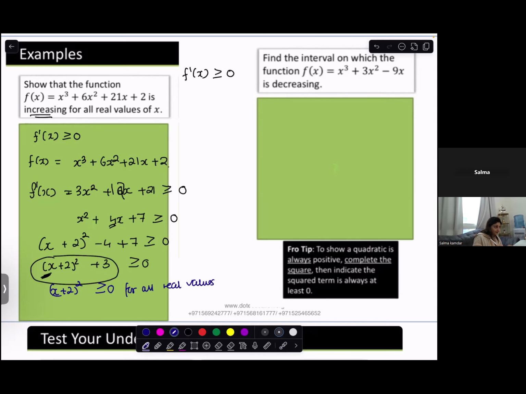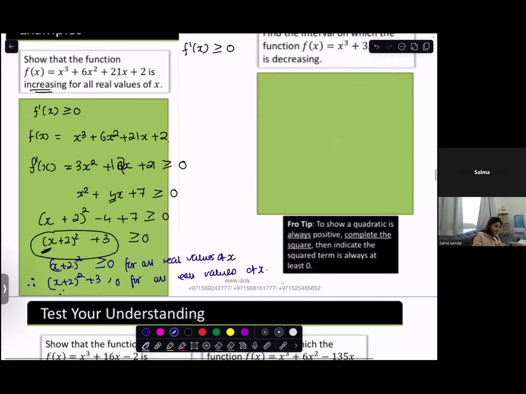You have to write this. So therefore I can conclude that x plus 2 the whole square plus 3 is greater than or equal to 0 for all real values of x. Therefore, I would say f of x is increasing.